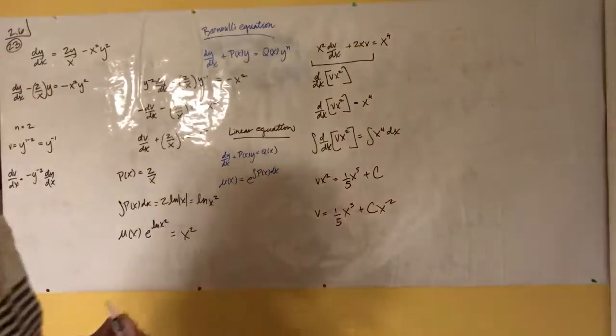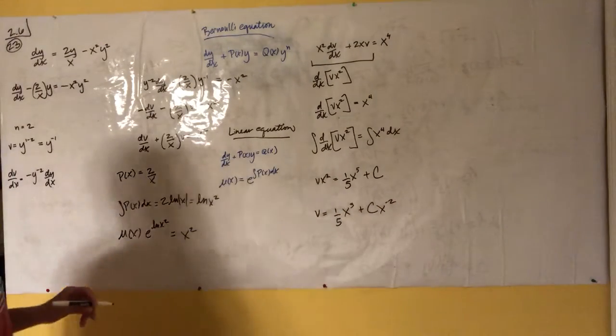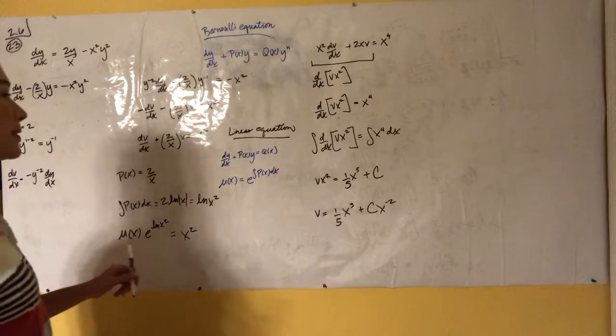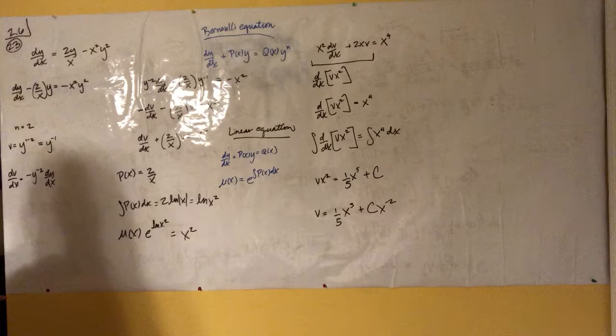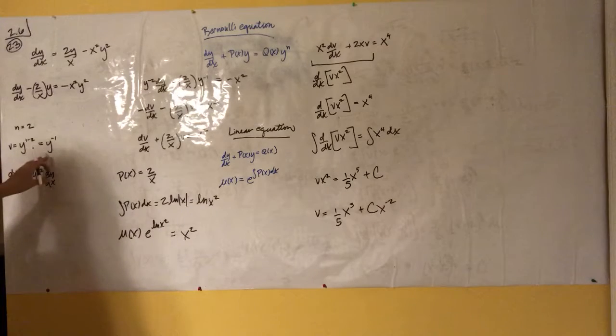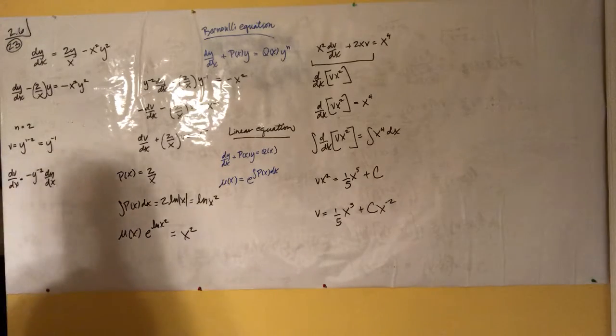Okay, and we're almost done. Now we want the answer to be in terms of the original dependent variable, right? So v was equal to y to the negative 1, or 1 over y.